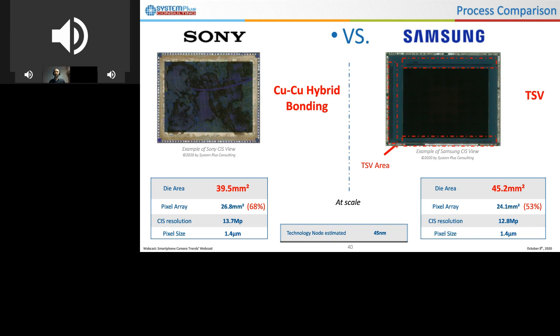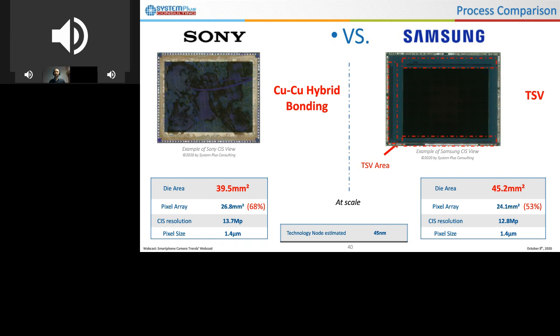Here we have 2 similar CMOS image sensors from different manufacturers. On the left, we have Sony, and on the right, a Samsung sensor. The 2 CIS are similar in terms of resolution, around 30 megapixels, pixel size of 1.4 micrometers, and technology node for the logic circuit of 45 nanometers.